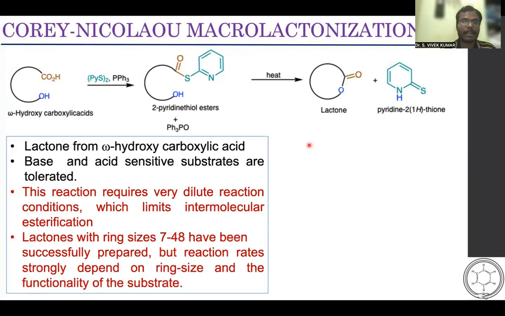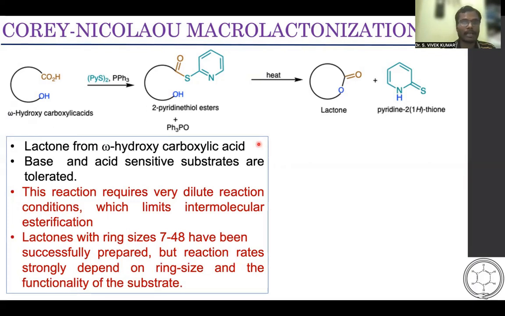Before moving to the mechanism, I would like to give some important points about the Corey-Nicolaou macrolactonization reaction. This is a reaction for the synthesis of lactone from omega-hydroxy carboxylic acid. It is highly suitable for both base as well as acid-sensitive substrates.